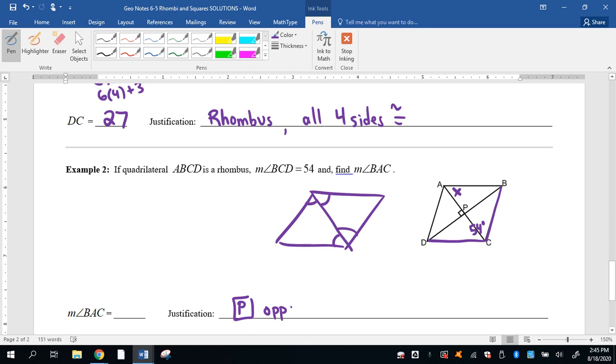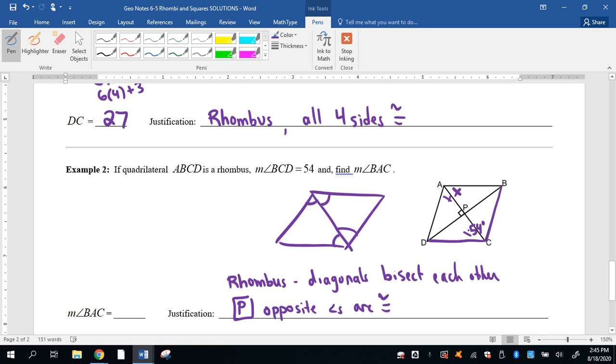Opposite angles are congruent in a parallelogram. And in a rhombus, the diagonals bisect the angles. So we know that all of these pieces are x, and x plus x is 54. So 2x equals 54. Divide both sides by 2. So we get 27 is x. So BAC, x is 27 degrees.